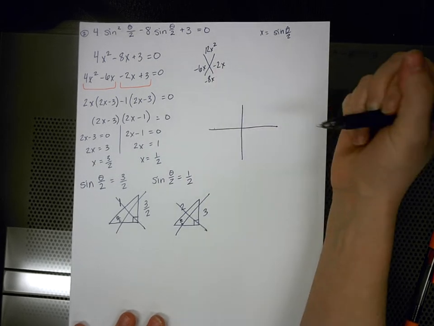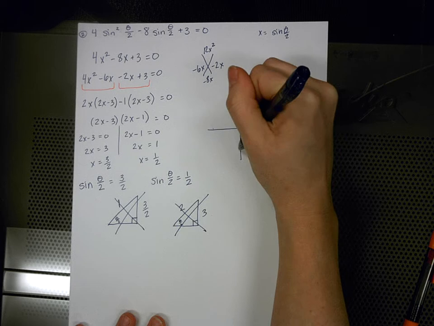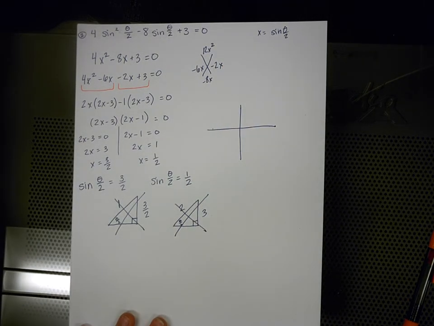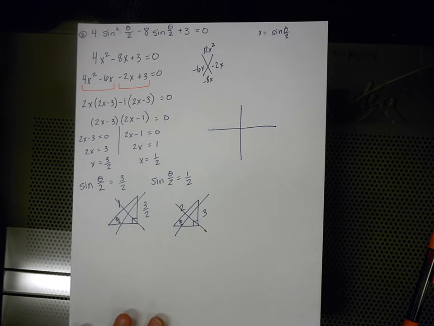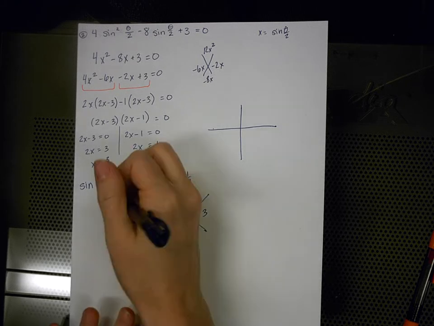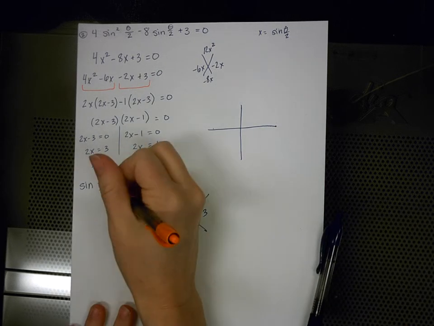But anything in between there is going to be some sort of value that's less than 1. So the absolute value is going to be less than 1. So it can be more than -1 but less than 1. So this is not going to give us any values for theta.